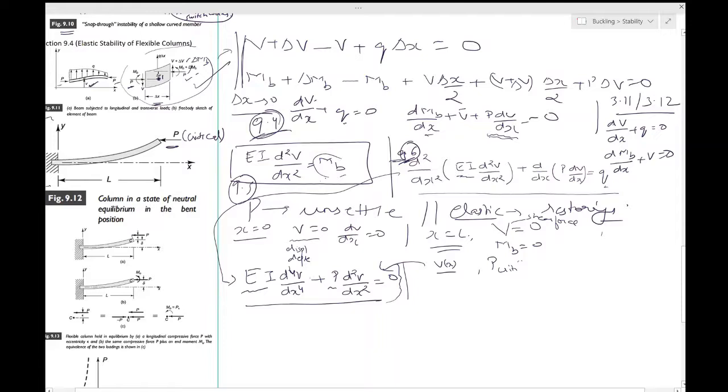So we want to find a v and P which satisfy this, but P is the critical load and v is the deflection, or the so-called equilibrium configuration v of x.